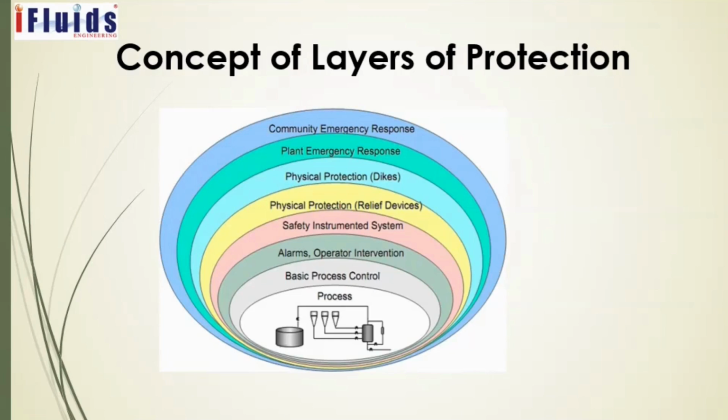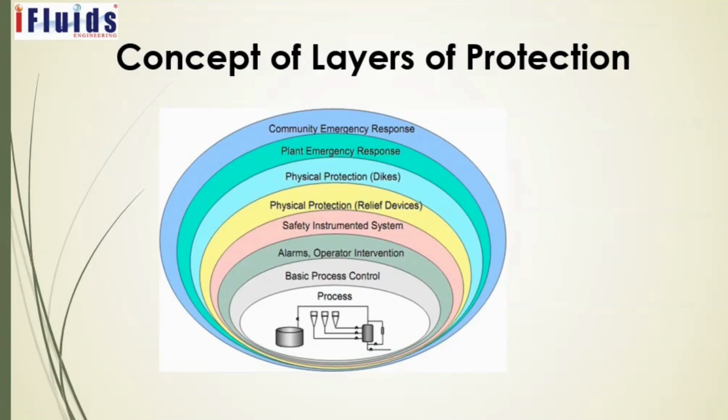So concept of layers of protection. In the white portion at the bottom you can see a process. Then basic process control, that is a control valve, a simple control loop with a sensor and a controlling element.